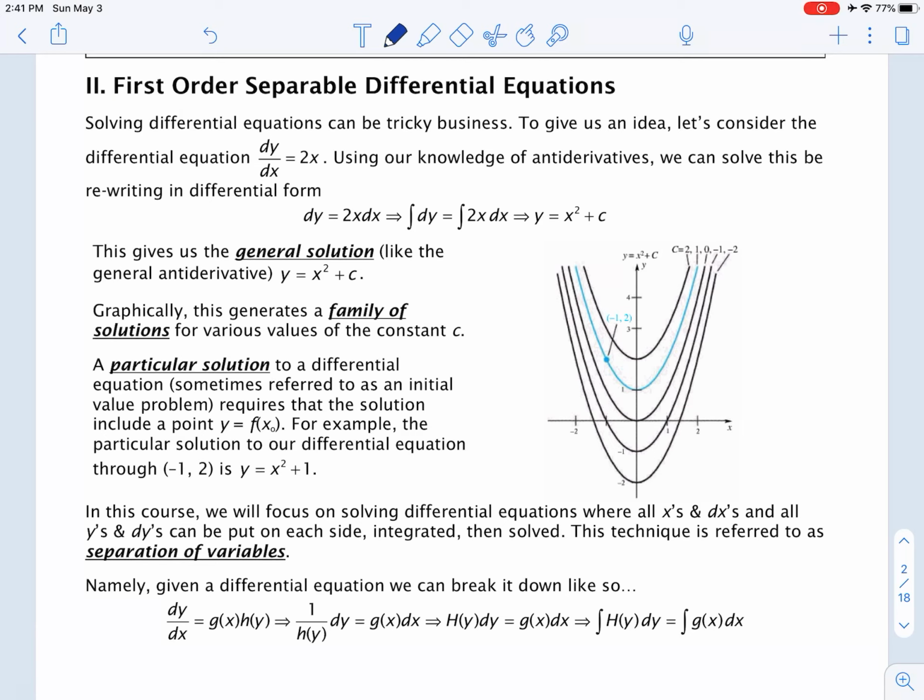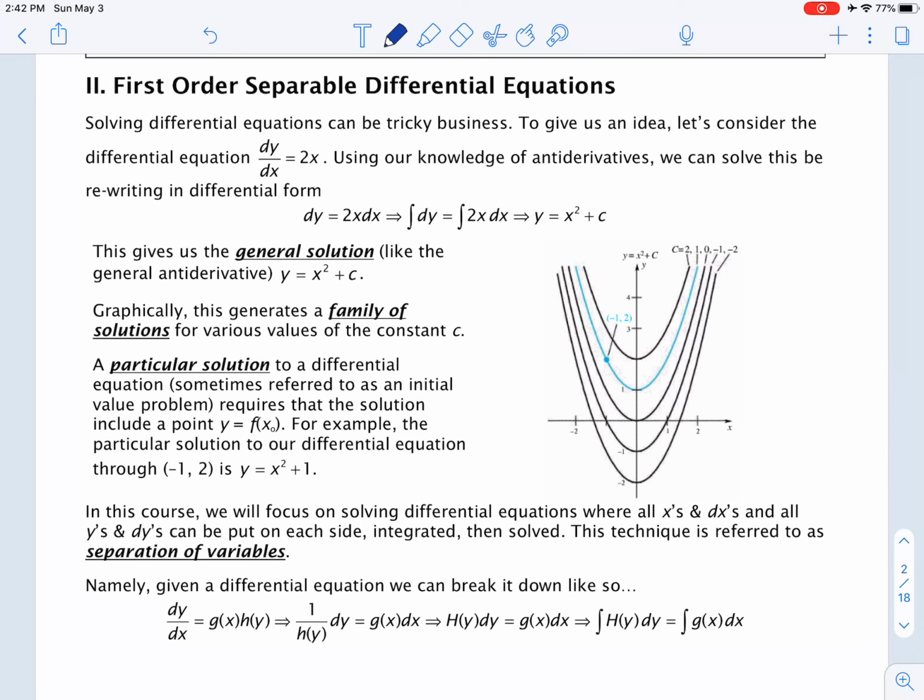Sometimes we want to find a particular solution, one that passes through a particular point, and then we can find the specific one among that family of functions that fits our model. So usually you are finding a general solution, which is your family of functions, and the particular one is the initial value problem.